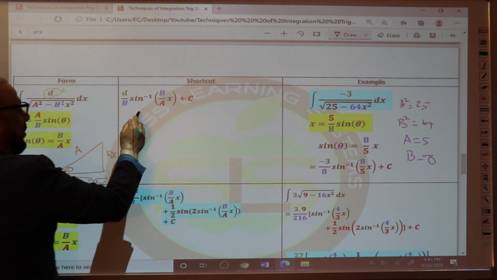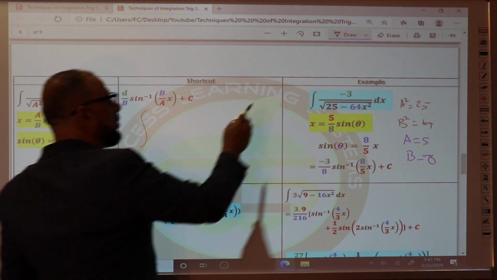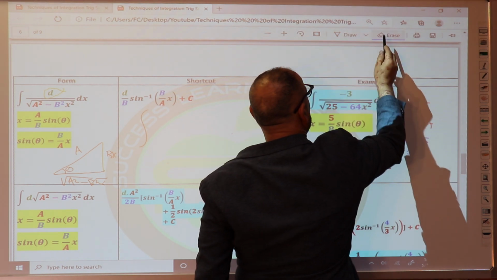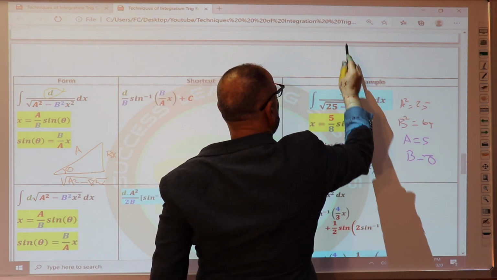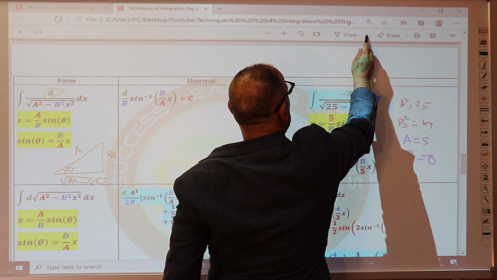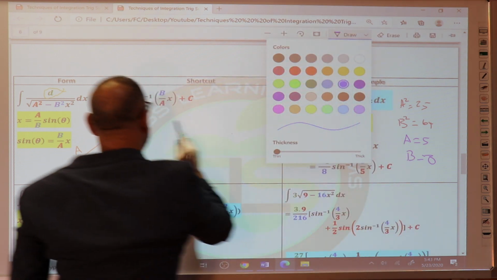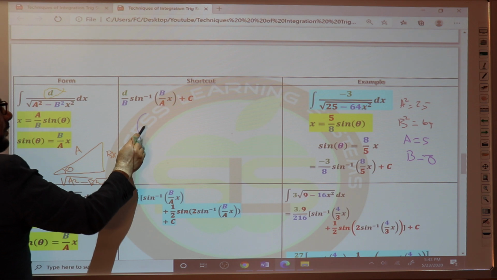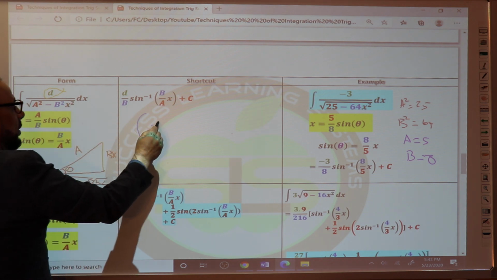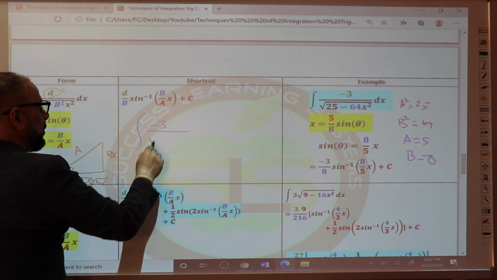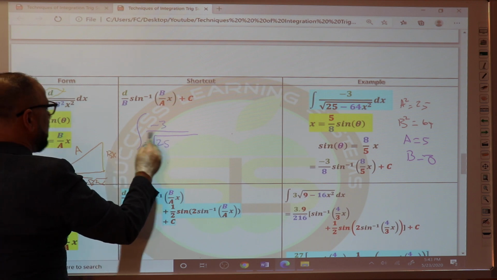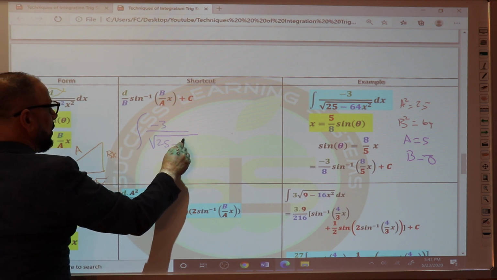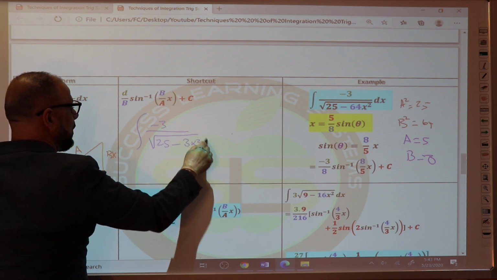Here is a quick example. Integration of negative 3 over the square root of 25 minus 3x squared dx.